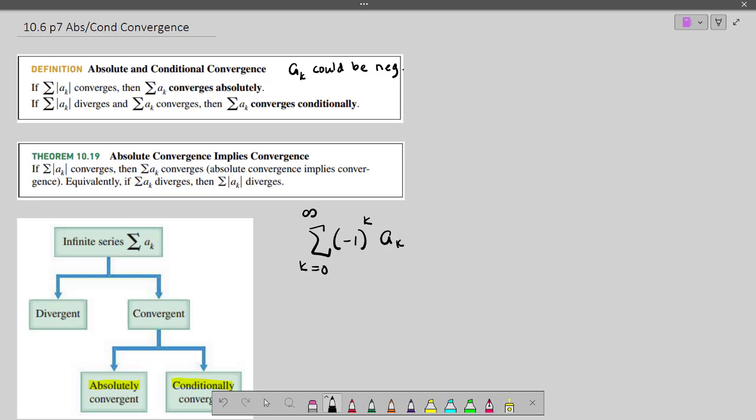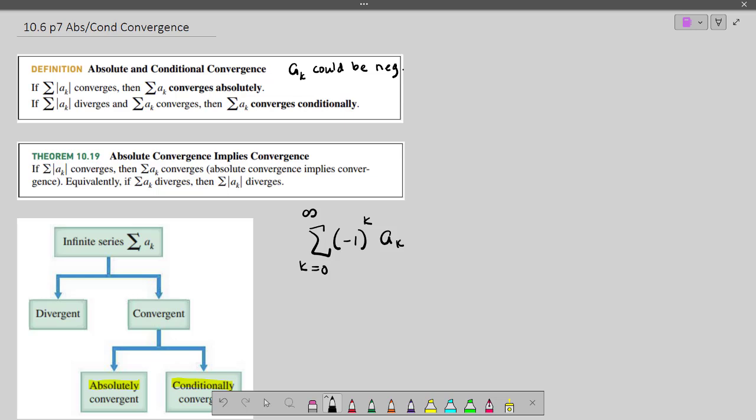If you have a series that has positives and minuses and you turn everything positive, that sum would have to be bigger than if you left some minuses sprinkled in, because the minuses are going to be taking away from the overall sum. So if you make everything positive and you still have convergence, then we say that the series with pluses and minuses converges absolutely. The minuses don't matter.